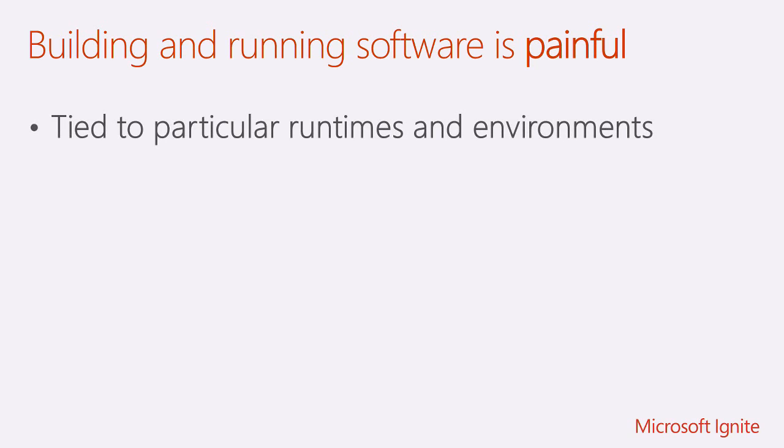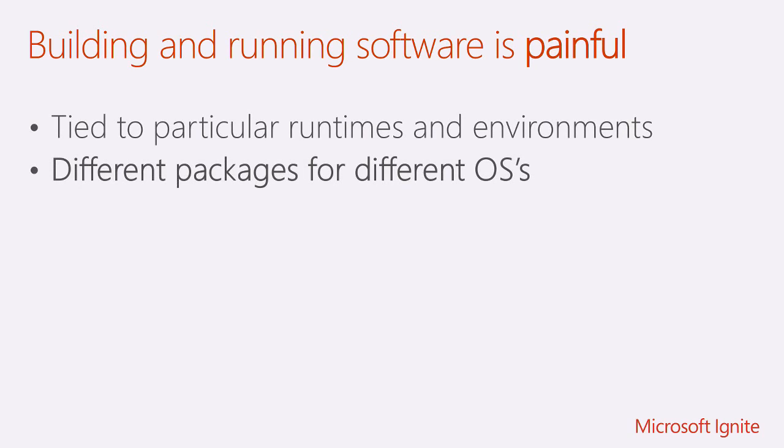You have to have different runtimes for different languages of applications. You need one runtime for a Ruby application, one runtime for a Java application. You need different packages for different operating systems. For a Debian Linux system, you need a different type of package than you would a Red Hat Linux system. And I don't even want to start to go into the difference between packages for Linux and Windows.